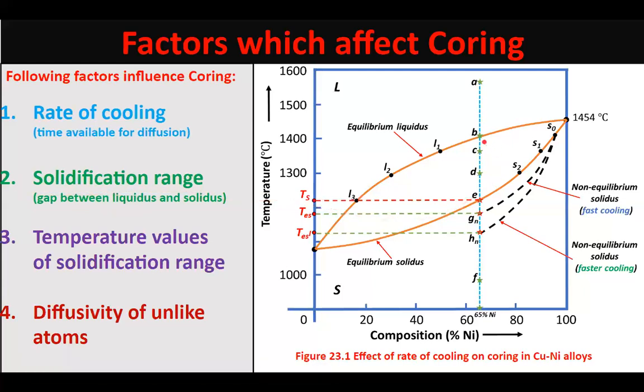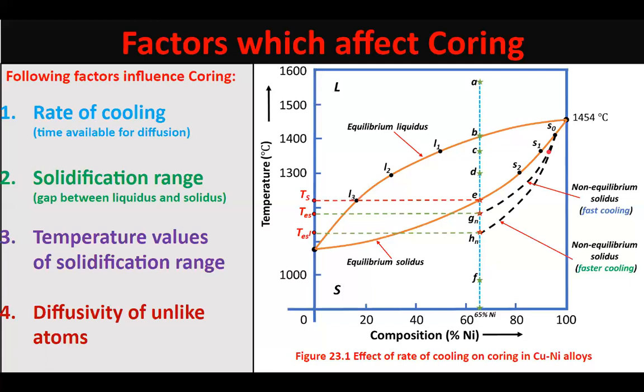If I have taken an alloy whose solidification range is very big, and now I take another alloy whose solidification range is only this or only this, then for a given rate of non-equilibrium cooling, the alloy whose freezing range is larger will always have a greater departure between the equilibrium solidus and the non-equilibrium solidus line.